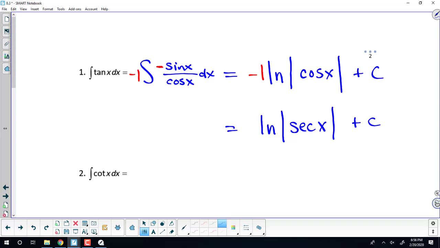So they're equivalent by properties of logarithms. This -1 is the power on cosine, so it's the positive natural log of the reciprocal of cosine, which is secant. So whichever one, doesn't matter, they're exactly the same.